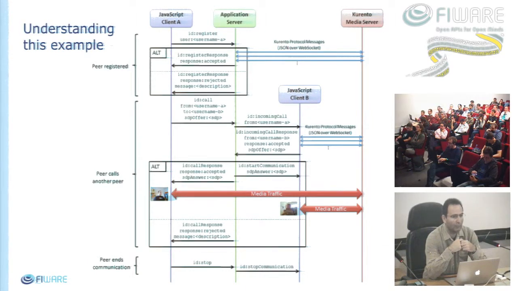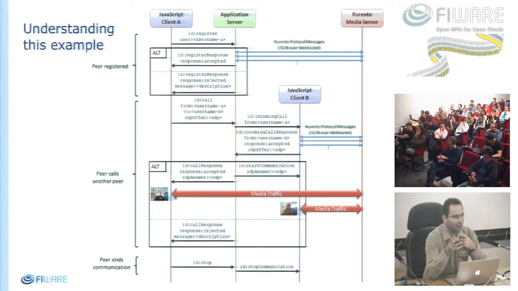If I want people to be able to call me, I first need to connect to the system and say, okay, I am here and I am ready for receiving calls. Everyone who wishes to receive calls needs to be registered. And once people are registered, I can make a call to anyone who is registered.